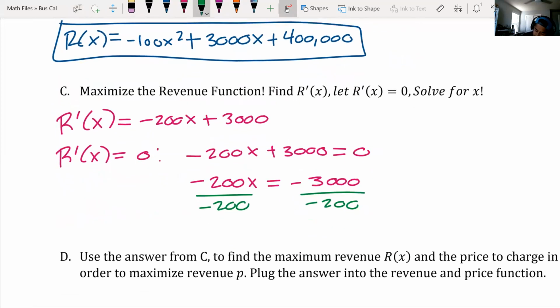So this means x equals, and we know that negative over negative makes positive. And look at this fun trick: cancel those zeros, and 30 over 2 is 15. So 15 is the number of price reductions we're going to give, to get 15 more groups of 20 people in. So this will be reductions.